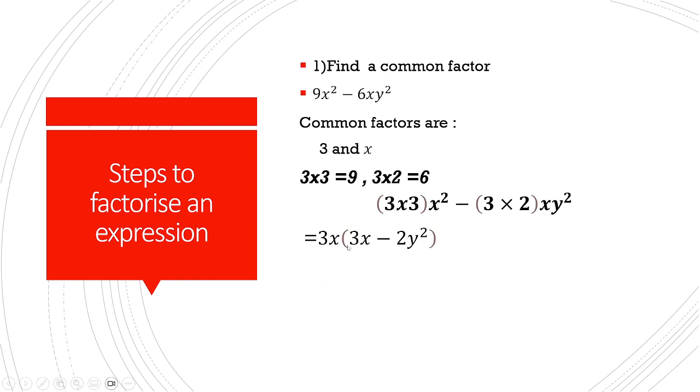Now, to check if you are at the last stage of the factorization, and that what you did is what you were supposed to do, when you multiply these factors, they must give you this expression exactly. 3x multiplied by 3x is 9x squared. 3x multiplied by negative 2y squared is negative 6xy squared, because 3 multiplied by 2 is 6. So this is correct and is our last step for the expression 9x squared minus 6xy squared.